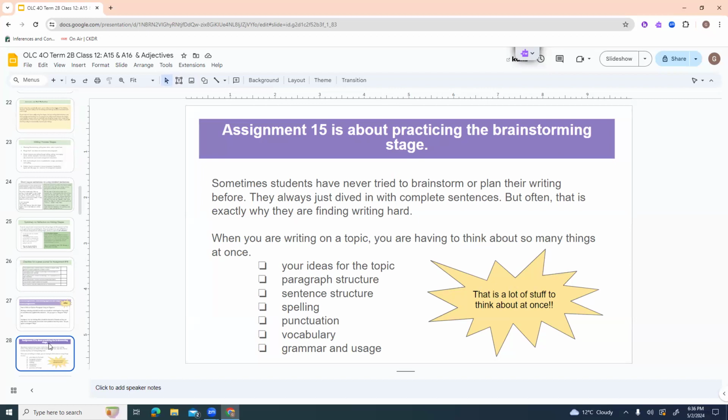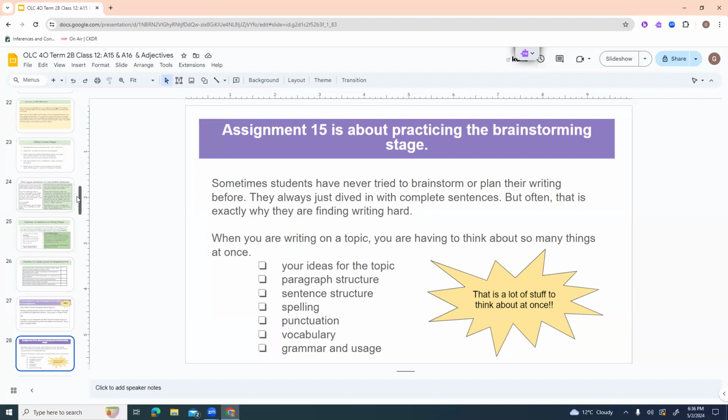Because when you're writing on a topic, you have to think about so many things at once. Your ideas for the topic, your paragraph structure, the sentence structure, the spelling, punctuation, the vocabulary, the grammar, the usage. Oh my goodness. It's a wonder our brains don't explode when we write. That's a lot of things to think about at once.